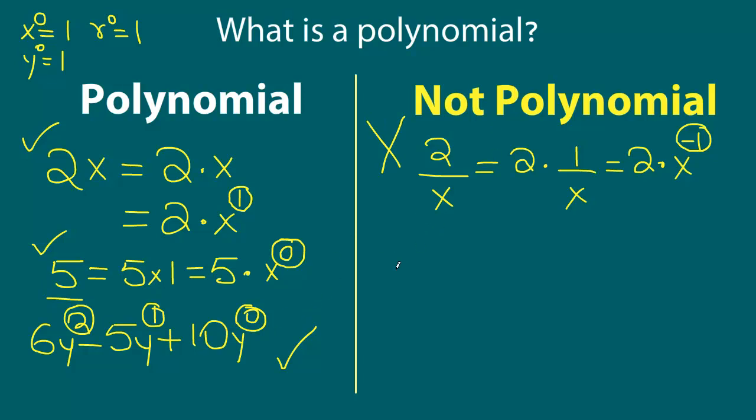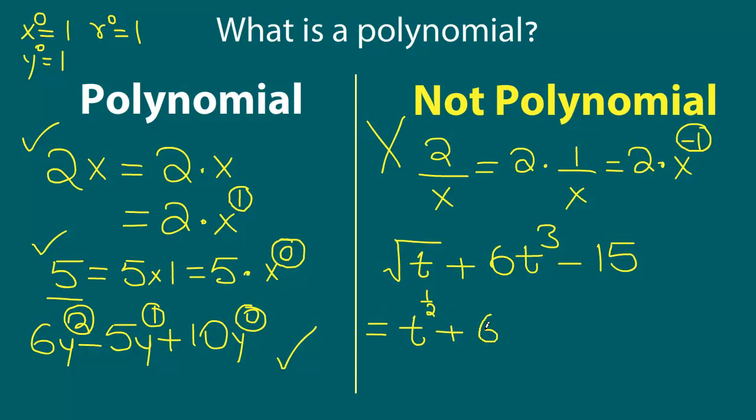So let's take a look at one more example. So square root t plus 6t cubed, and let's say maybe minus 15, right? So is this a polynomial? So we can write this as t to the power 1 by 2 plus 6t cubed minus 15, and we can write this as t to the power 0.